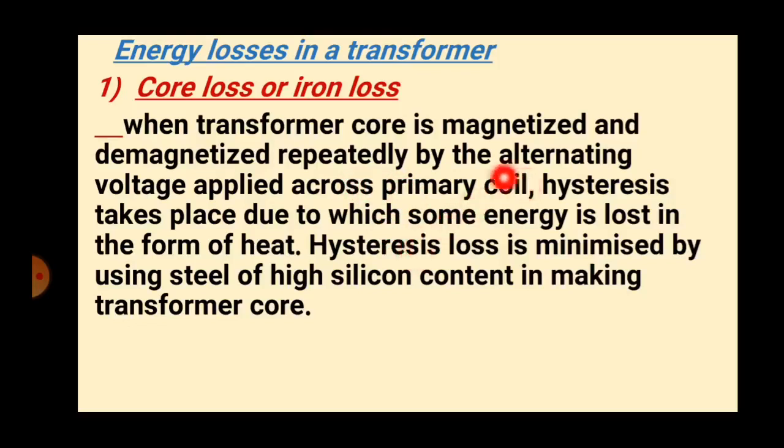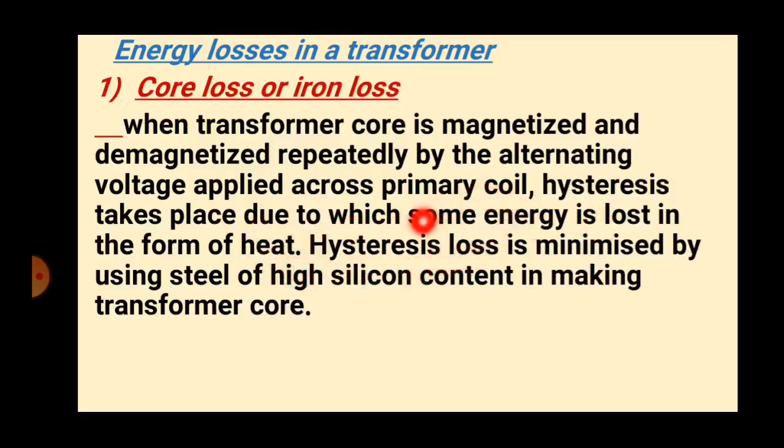Now listen here. The transformer core is magnetized and demagnetized repeatedly by the alternating voltage applied across the primary coil. Hysteresis takes place, due to which some energy is lost in the form of heat. So this is hysteresis.